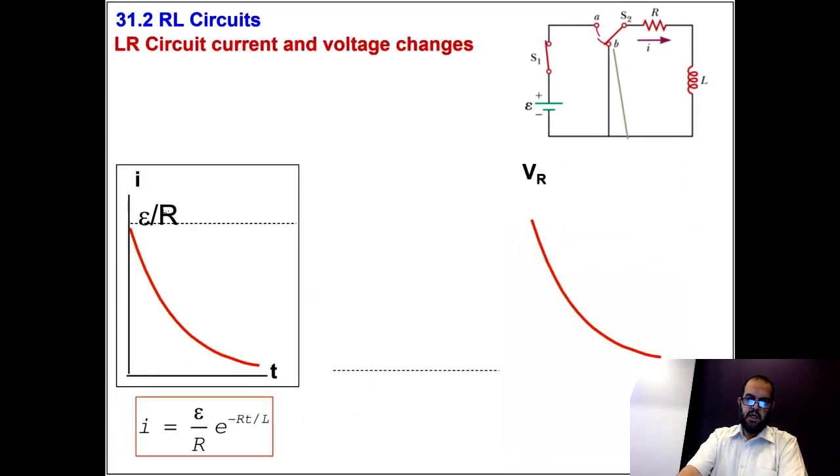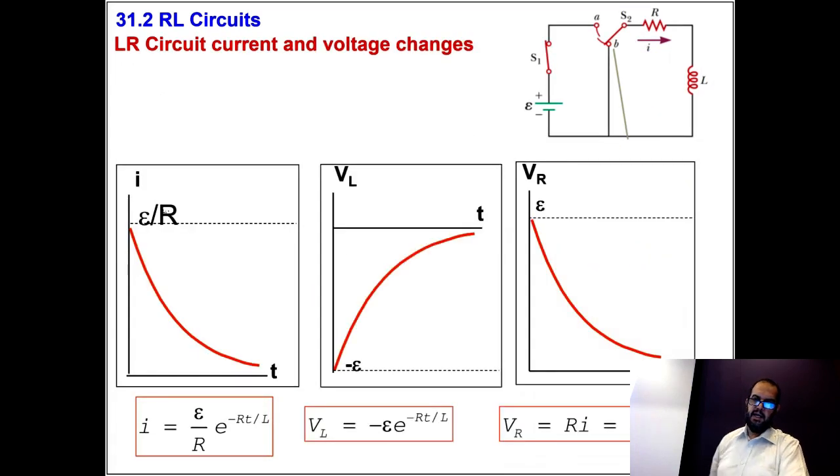So if we draw all of the variables like we did earlier, this is now for the inductor producing a decaying current through the resistor. This is the current. If you want to determine the inductor voltage, V is equal to L di/dt.